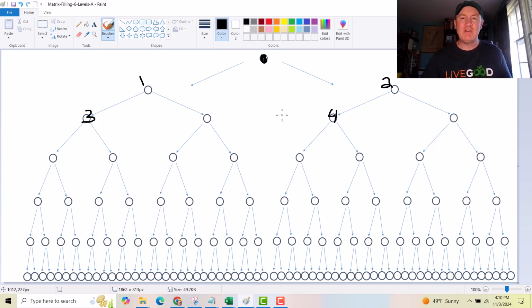Then it starts to bounce back. It makes sure that everyone has at least one before it gets the second one. So person number 5 would be over here. Person number 6 comes over here. And I apologize, I'm using my mouse instead of a pen and a tablet, so my numbers aren't going to look very pretty. So that's how your first 6 people are going to fill, assuming that you're the only one doing them.